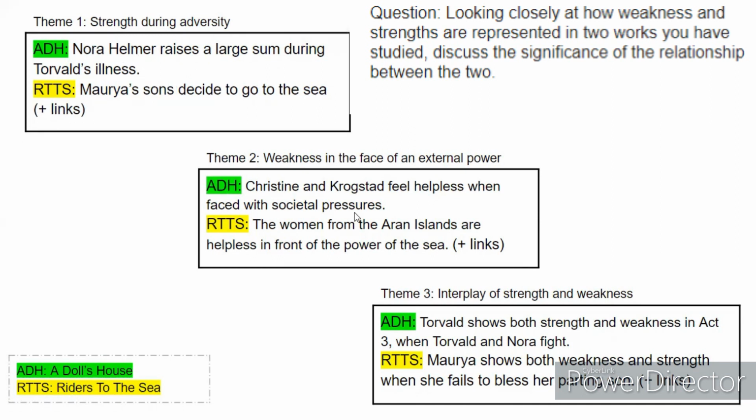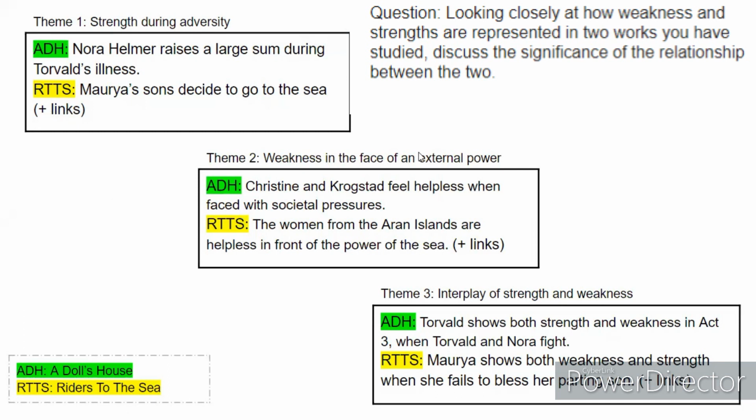And for Riders to the Sea, Maurya's sons decide to go to the sea. So, all these characters show a certain strength, a courage of character in the face of adversity. So, there is a similarity, and that satisfies the comparative links.